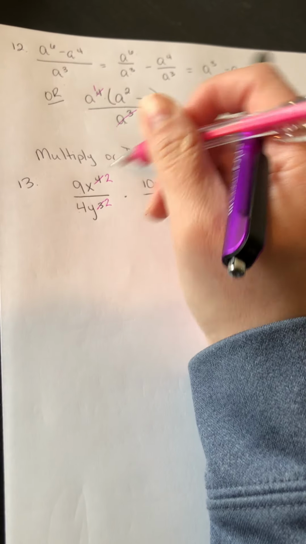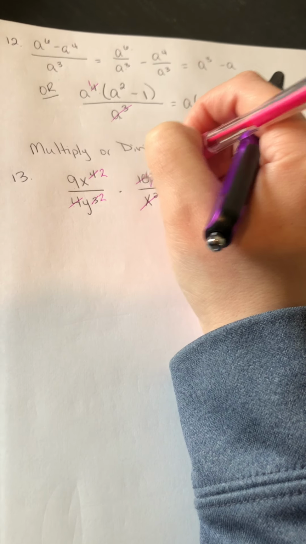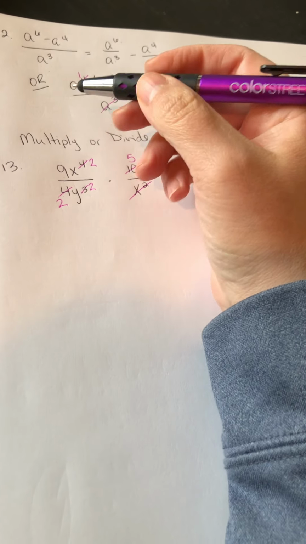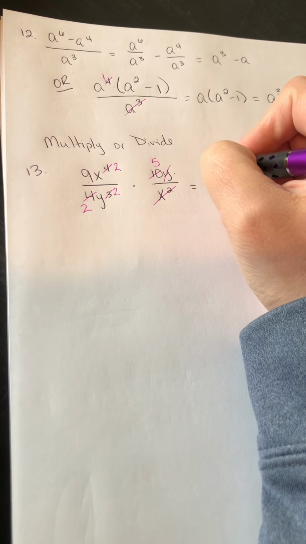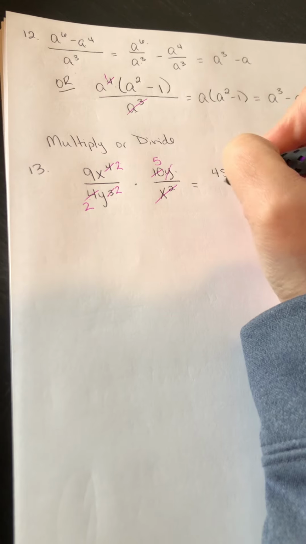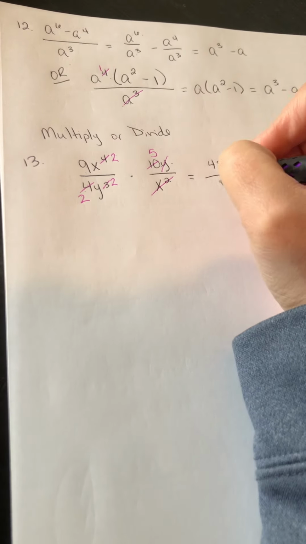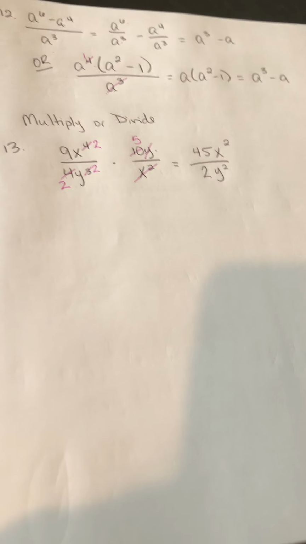And then I can also reduce 4 and 10 because they both have a 2, so 10 divided by 2 is 5, and 4 divided by 2 is 2. That's all I can reduce for this, so now I can multiply. So I've got 9 times 5, which is 45. X squared, that's what I've got left in the numerator, divided by 2 times just 1, so 2, and I've got a y squared, and everything else is gone.